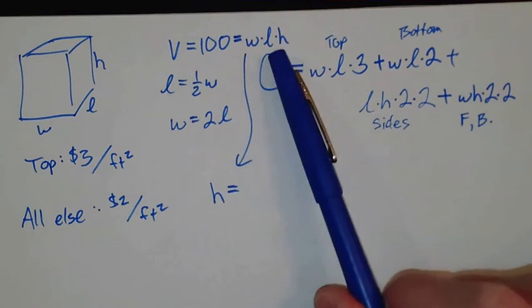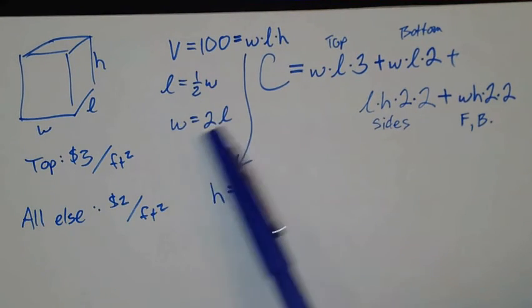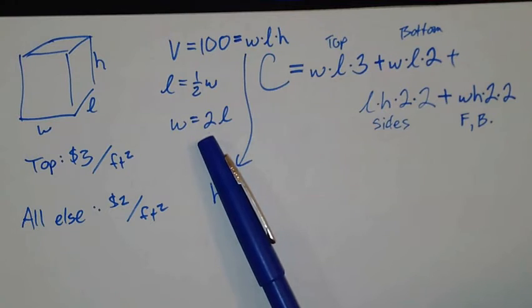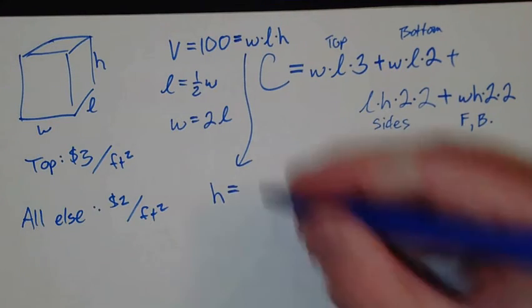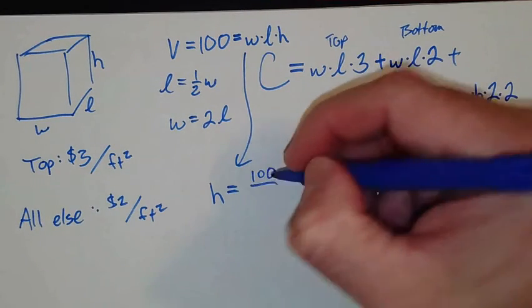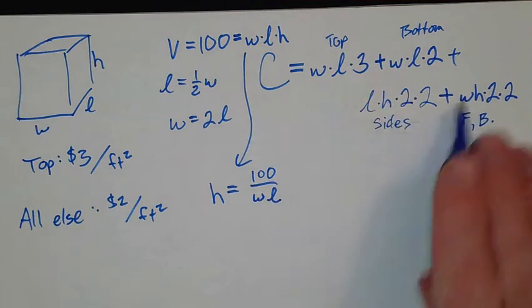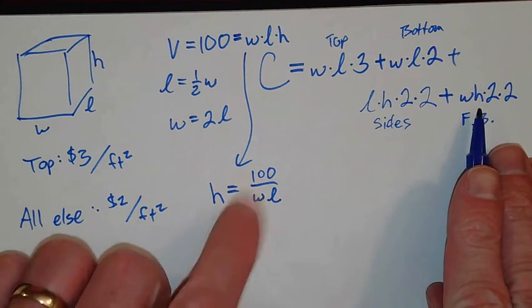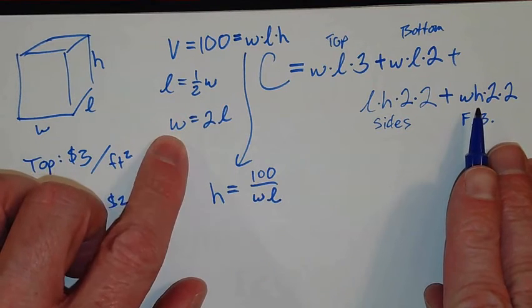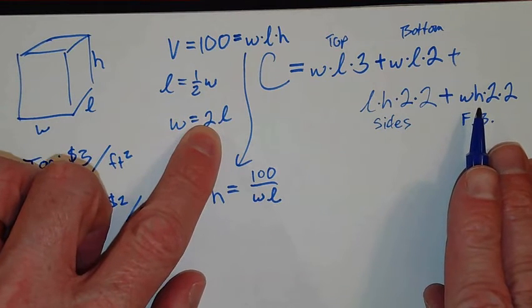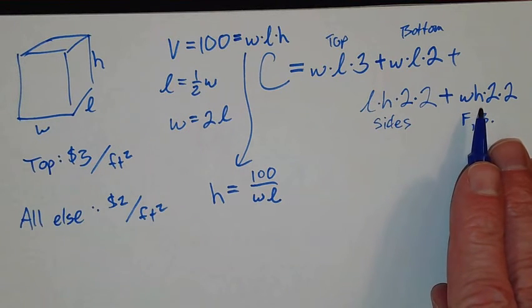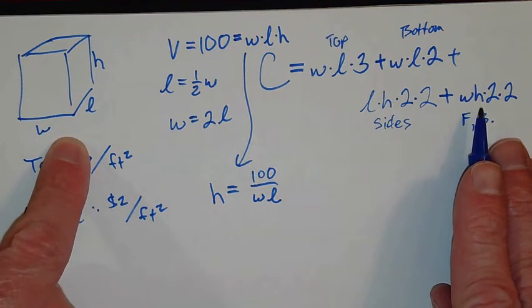If I can get rid of the H, I'll be able to use these equations to get rid of either W or L. So if I say height equals 100 over WL, I can replace all of my H's first with this, and then I can replace all my W's with 2L's, and I'll be down to a single equation in terms of just the length of the side of the box.